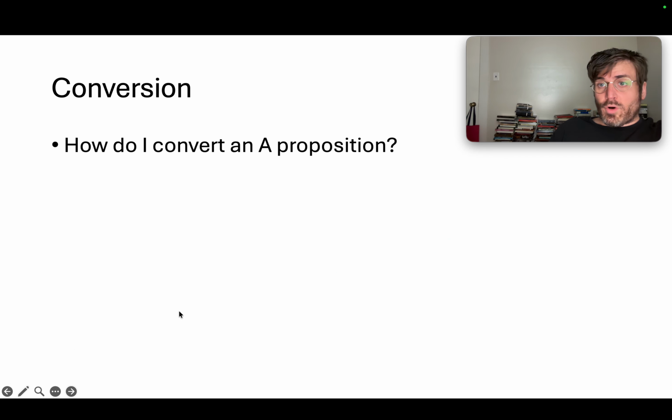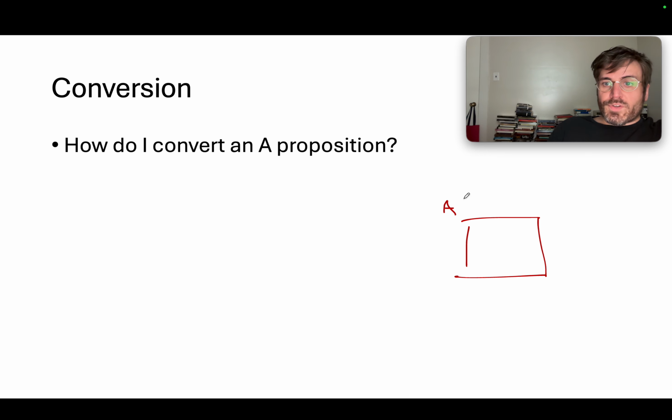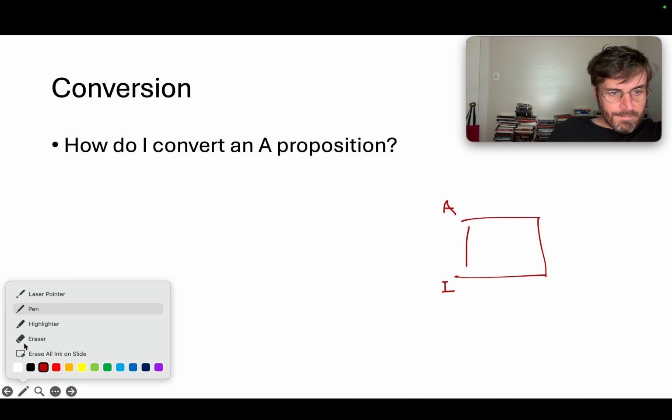Now, conversion for A propositions gets a little bit trickier, and remember that the A proposition occurs on our square of opposition as the upper left hand corner of the square of opposition, right? It's our universal affirmative, and we know that it corresponds to the particular affirmative, some S are P, at the lower left.